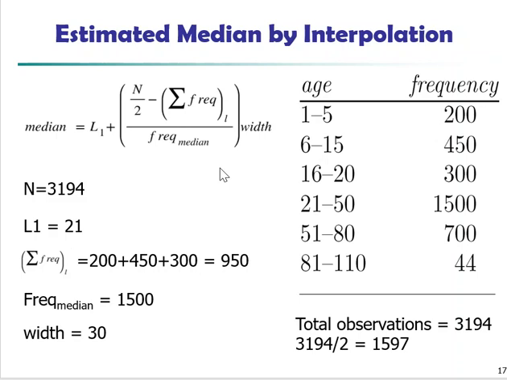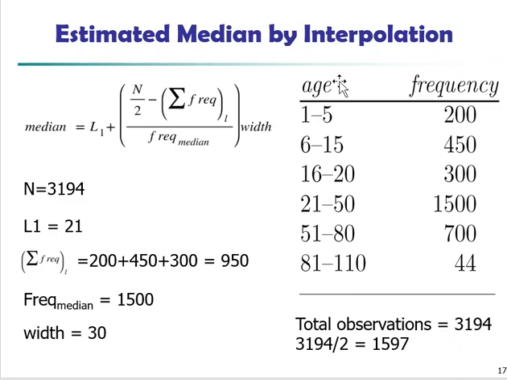Another challenge is when data is discretized. You will see throughout the semester that discretizing, breaking data up into groups, is a very common practice in machine learning and data mining. Therefore, sometimes you have to estimate the median using interpolation on grouped data.